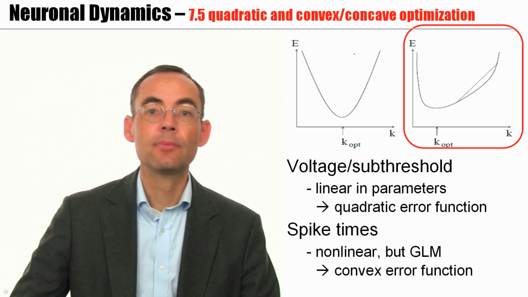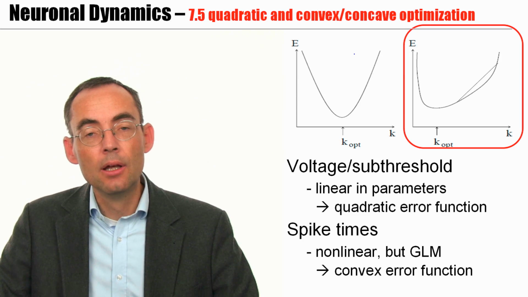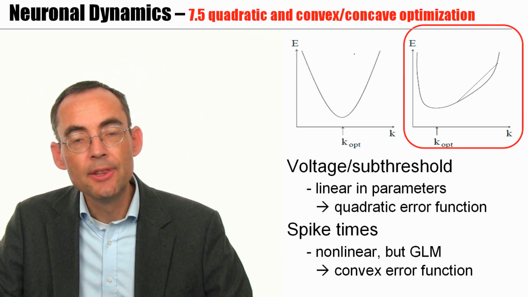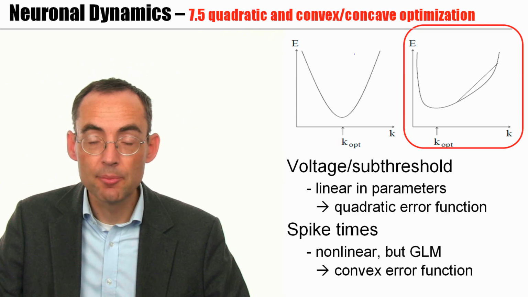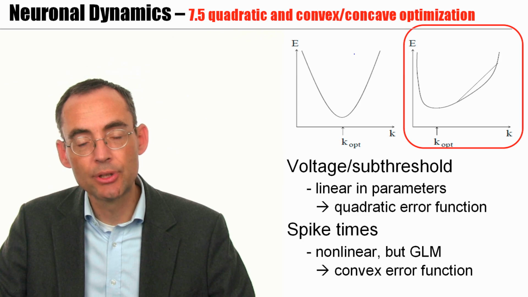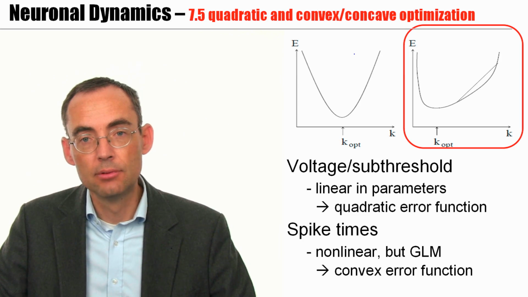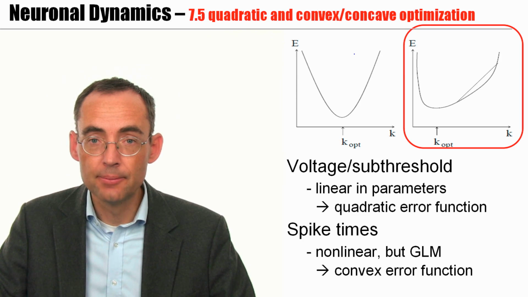Let me summarize. In the procedure I have discussed here, if you have access to the subthreshold membrane potential, then we can optimize parameters of the filters kappa, the membrane filter, and of eta, the spike after potential, using a quadratic error function. The problem is linear in the parameters and therefore easy.